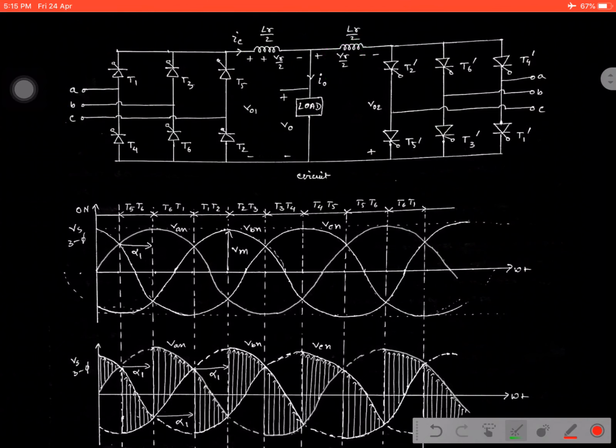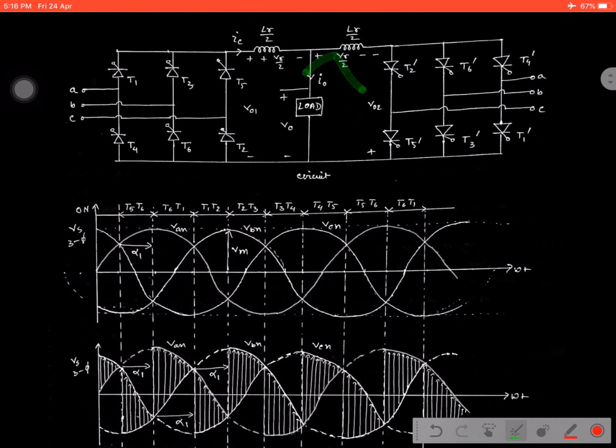When the first converter starts working, the current flows to the load in this direction, with the other converter off. If the second converter starts working and the first one is off, the current flows in this direction.